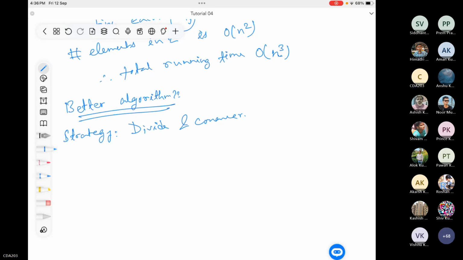Okay, so apart from Strassen's algorithm, which is actually a divide and conquer algorithm, simply divide and conquer could also work.